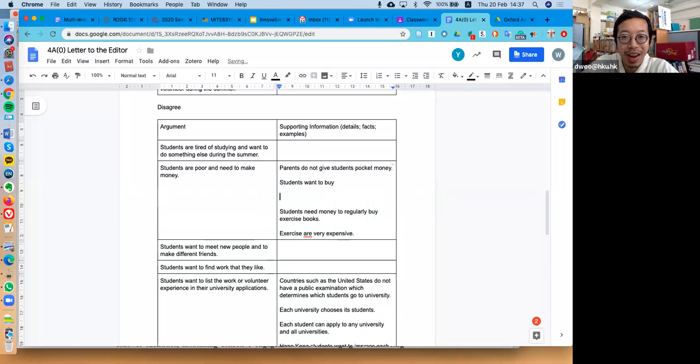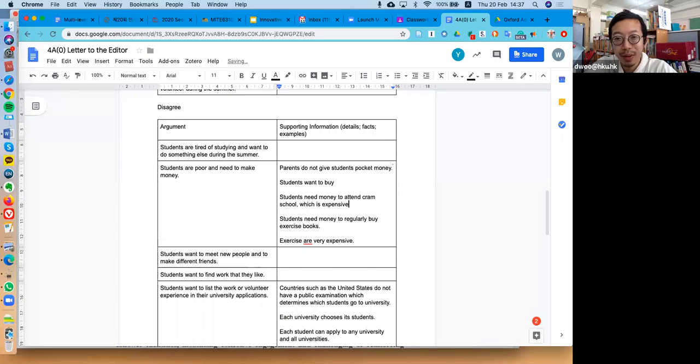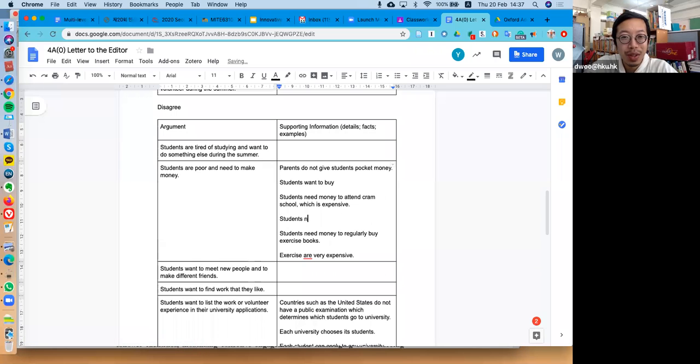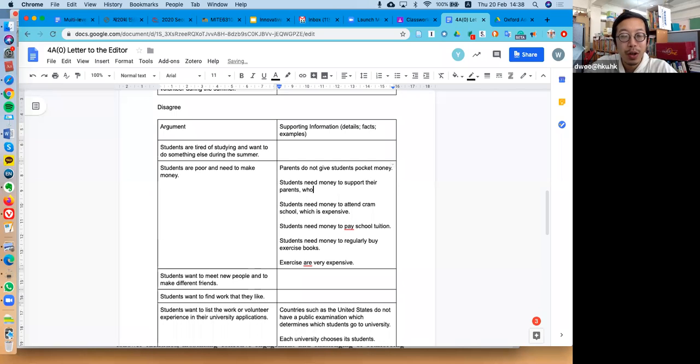Students need money to attend cram school, which is expensive. Students need money to pay school tuition. Students need money to support their parents who have no jobs and money. Oh my God.